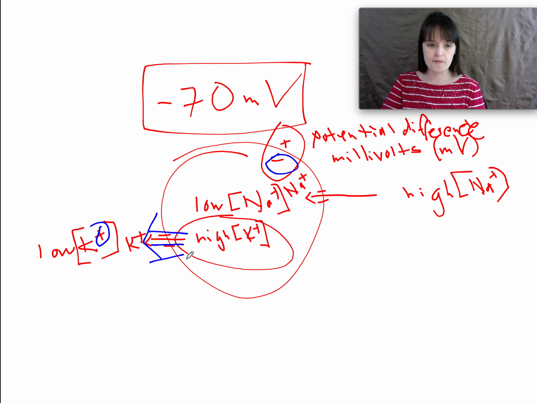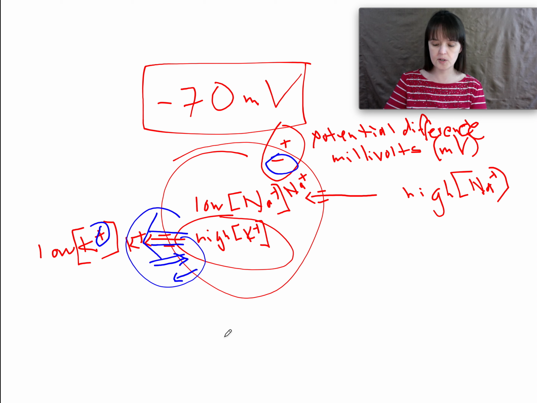So you have a moderate electrical gradient pulling potassium back into the cell. So when you add a large push out with a small push in, combined, you get a small push out of the cell. So you get a small electrochemical gradient pushing potassium out of the cell.